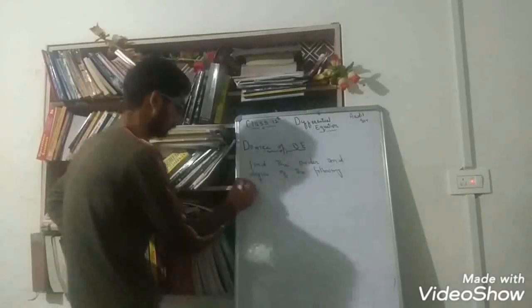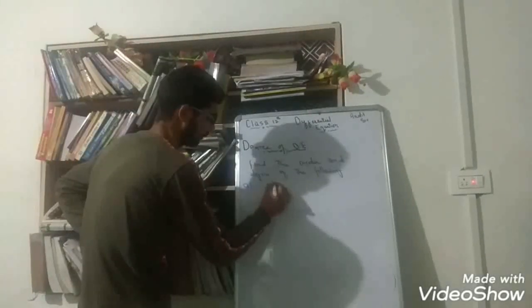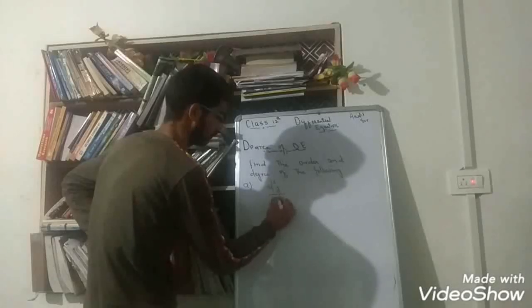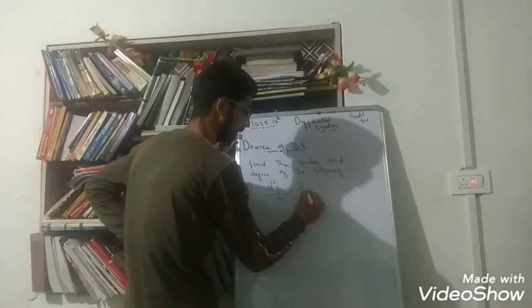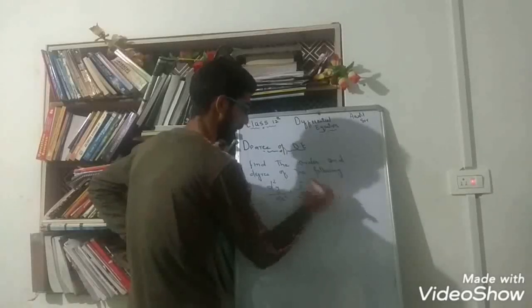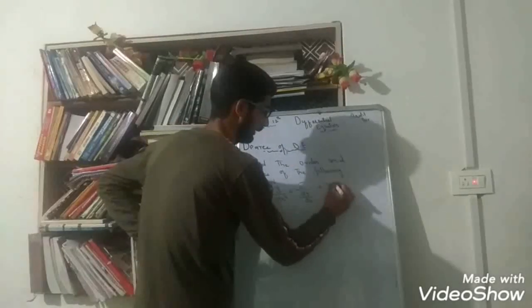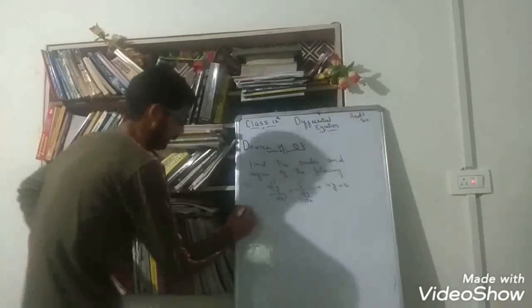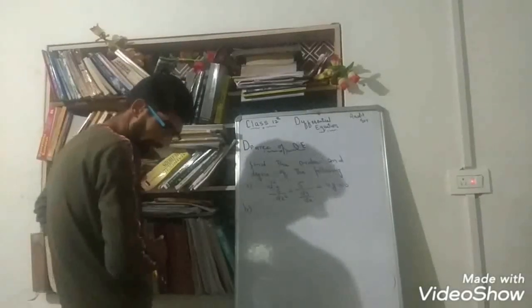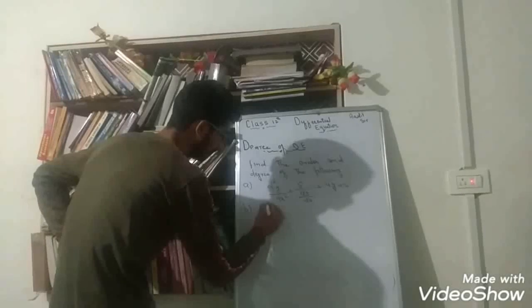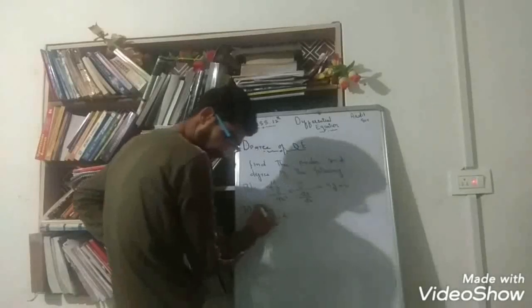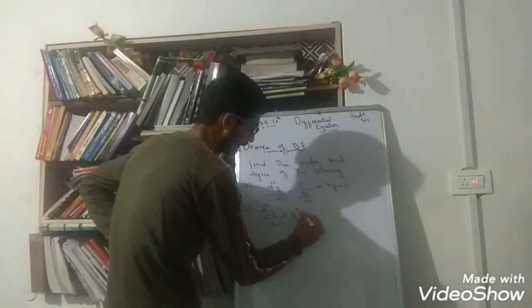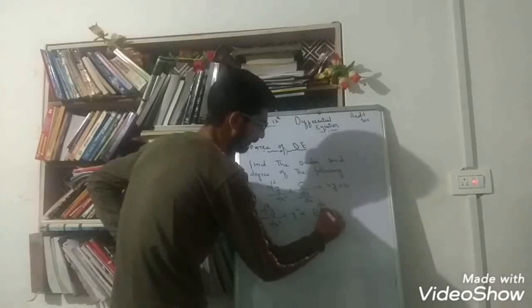First one, d square y by dx square plus 5 dy by dx plus 4y equals 0. B part: d cube y by dx square plus y square plus e raised to power dy by dx is equal to 0.